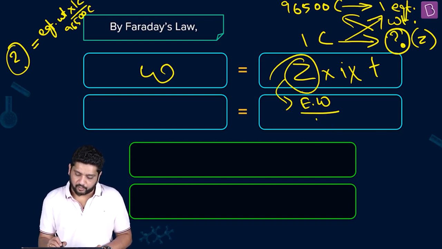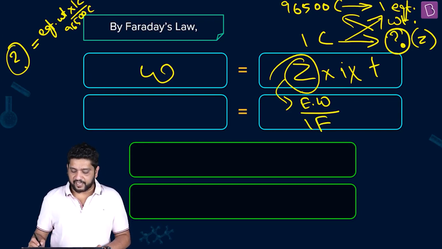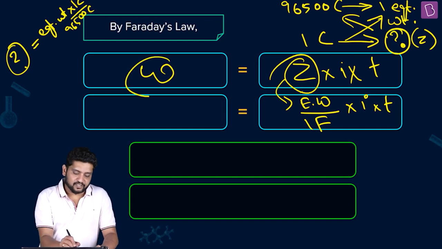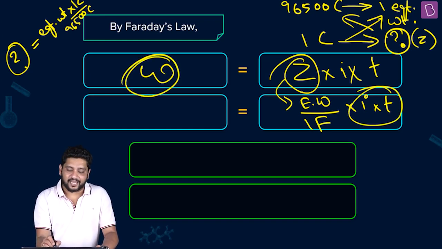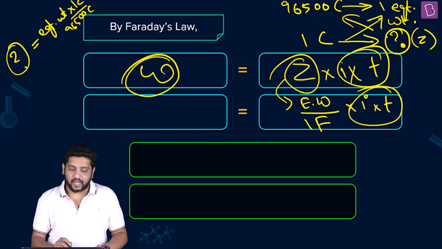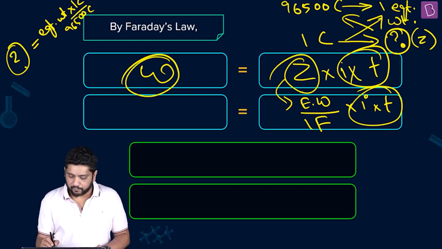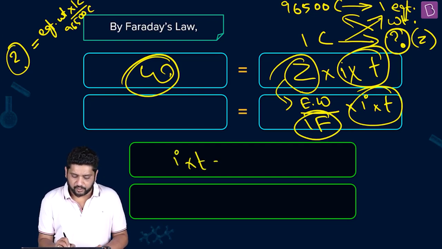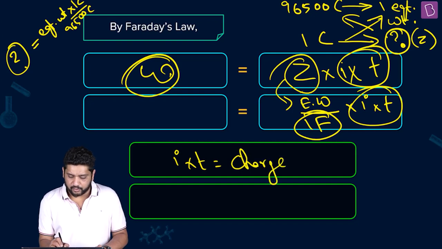Weight is already given to me. I into T was not directly given to me. The idea was that I had to find out the charge. So charge, I into T, is equal to W into 1 Faraday divided by equivalent weight.